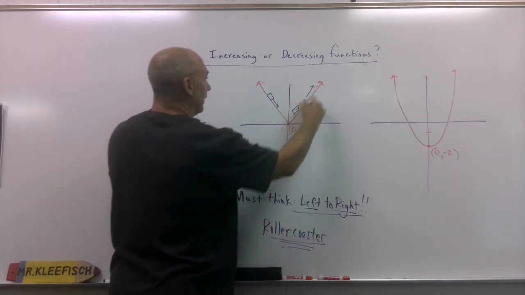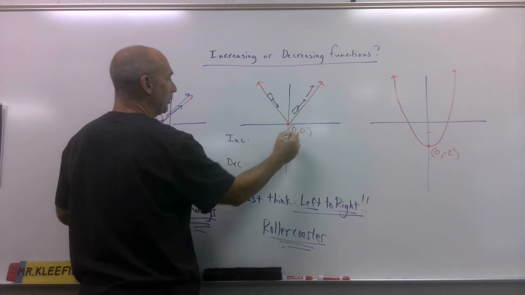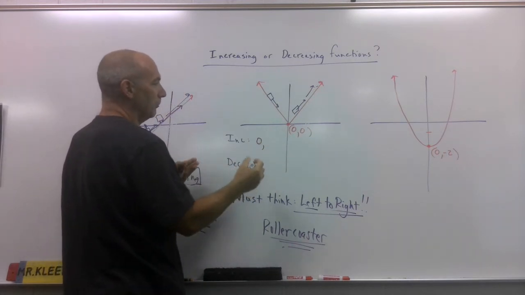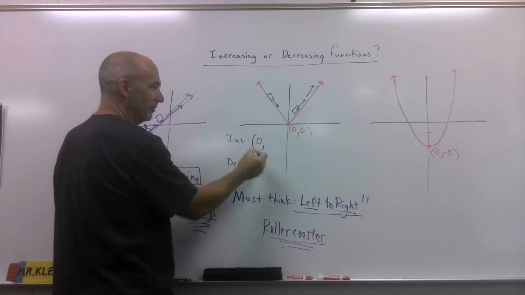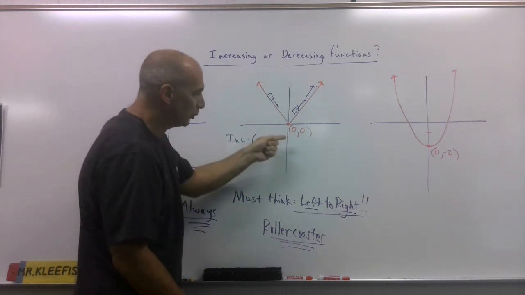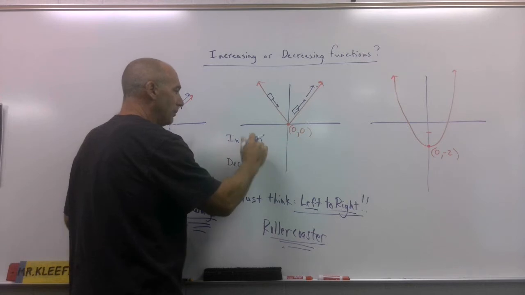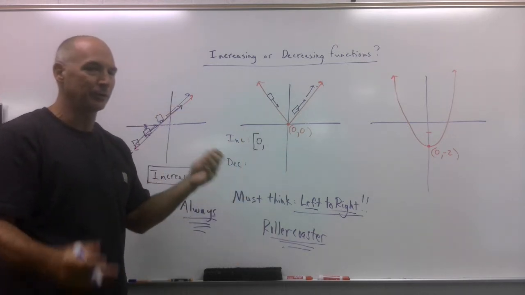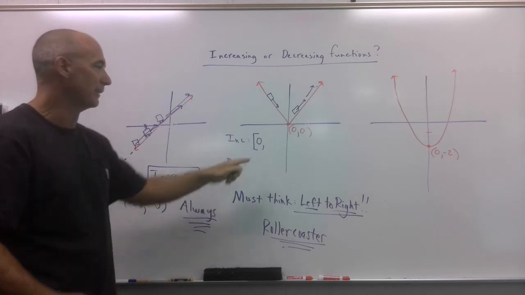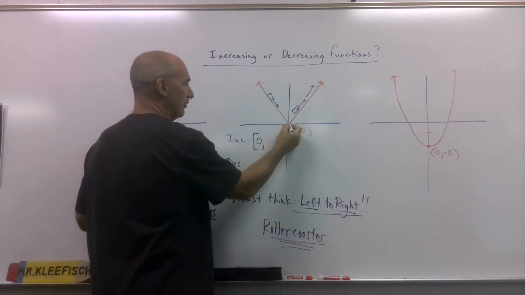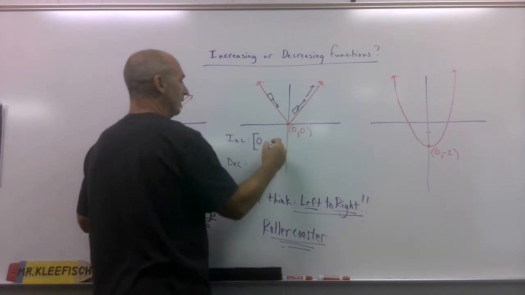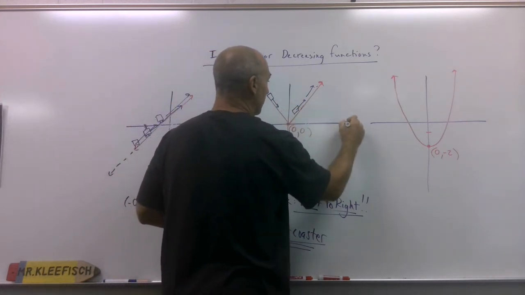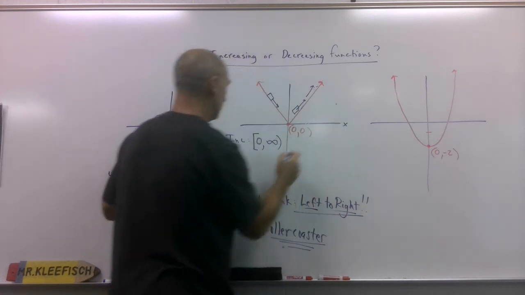So I'm going to start with the increasing portion, and that would go from 0. Now, the book actually has parentheses here, meaning it doesn't include it. I think you could probably get away with saying it starts at 0, including it. I don't think we're splitting hairs there. But it starts here at 0 and it goes up. It's increasing forever as you move to the right along the x-axis.